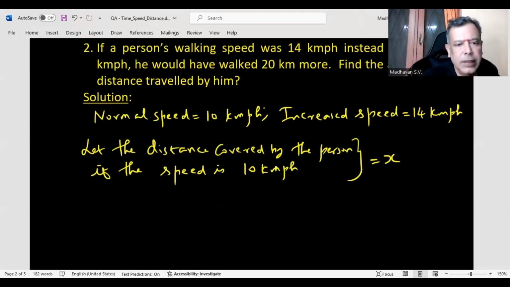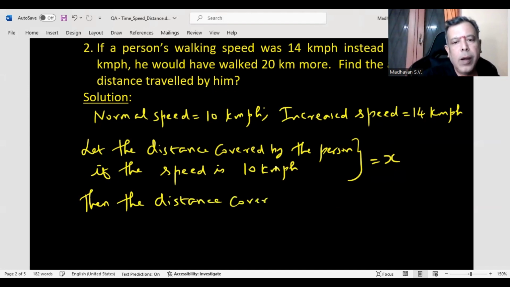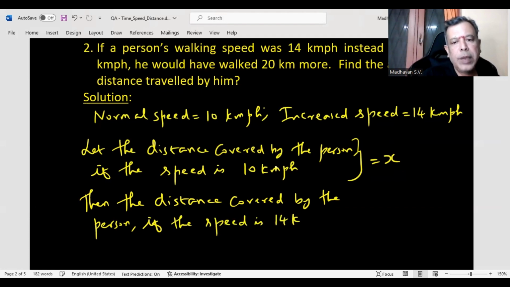Then they say, then the distance covered by the person, if the speed is 14 kilometer per hour, will be X plus 20.